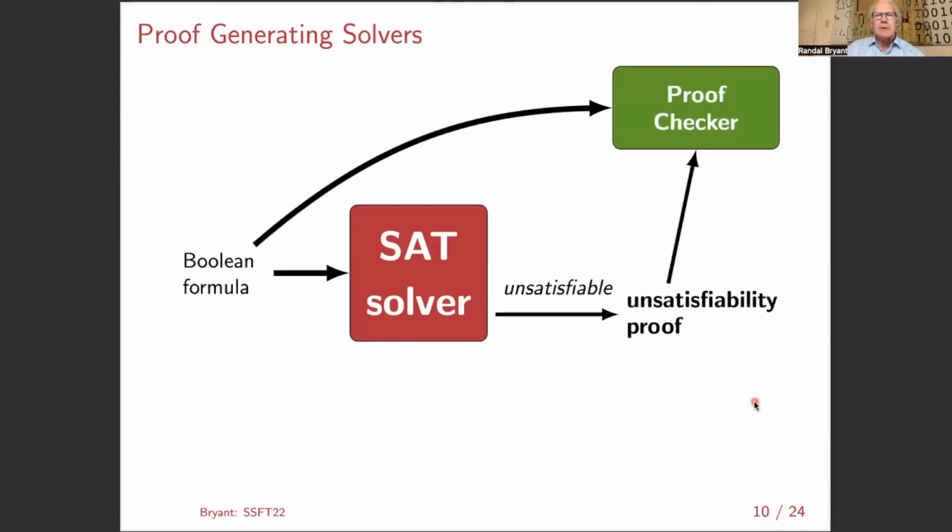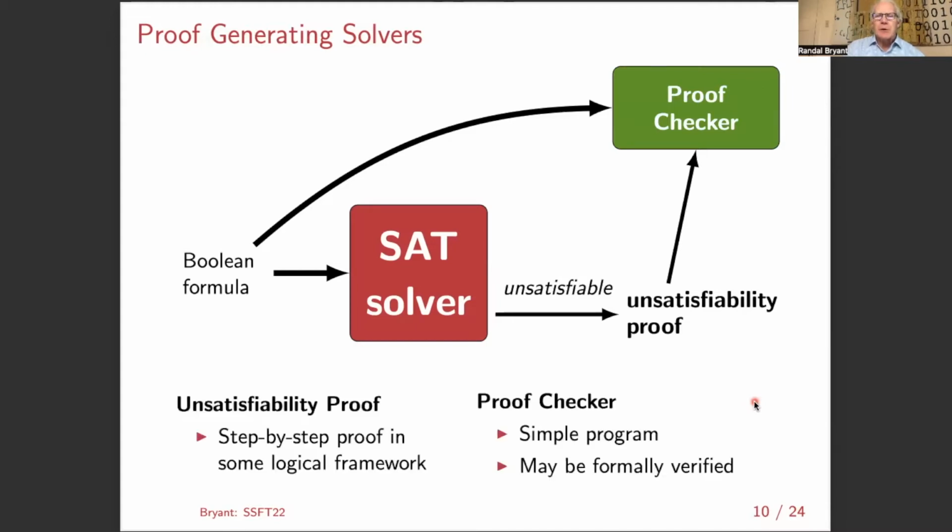And this proof should be in a very well-defined logical framework for which we can write a proof checker that will go through step by step and make sure that every inference in that proof is correct. And therefore, the total result is that this formula is indeed unsatisfiable. And that proof checker, hopefully it will be small enough and simple enough that we can write it reliably. Or better yet, we might be able to formally verify the proof checker.